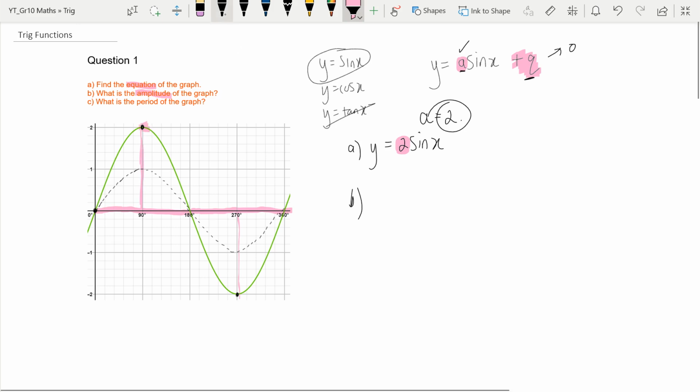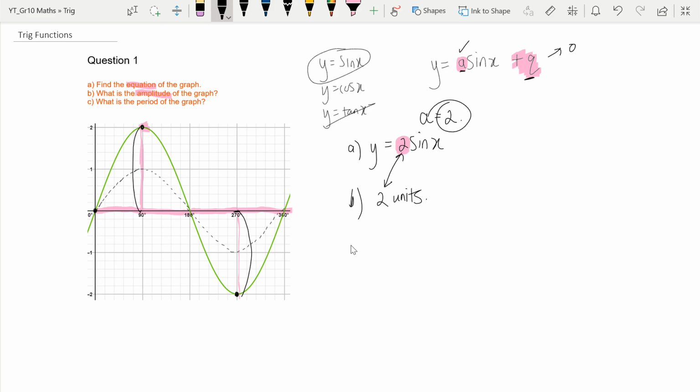So the distance from there to there is 2 units. And from the middle of the graph to the minimum point, at negative 2, is also 2 units. So the amplitude is 2 units. Your amplitude will always have a positive value because it refers to a distance.